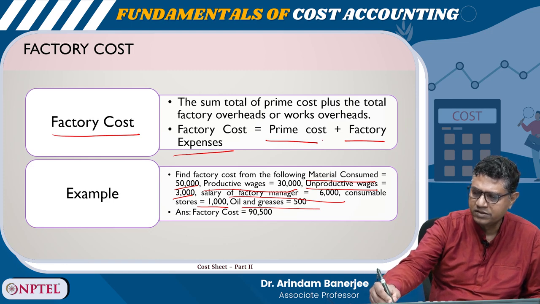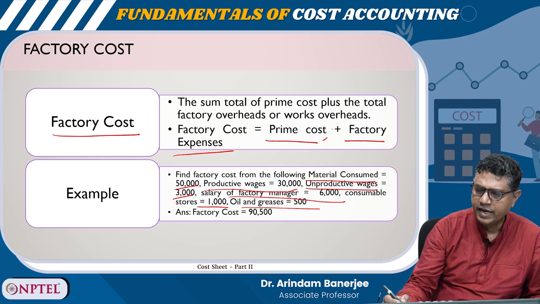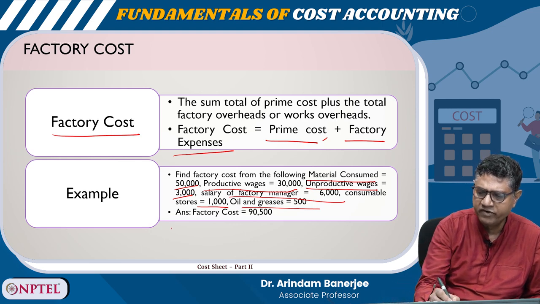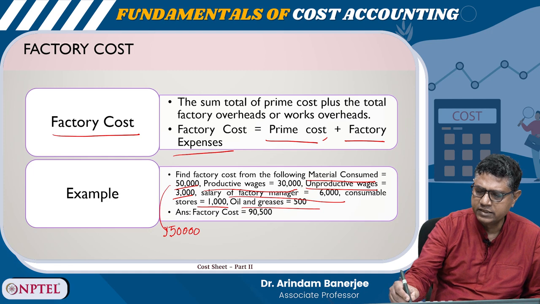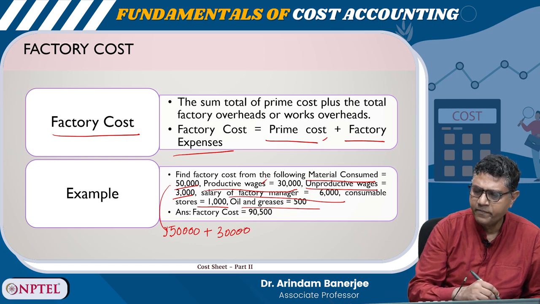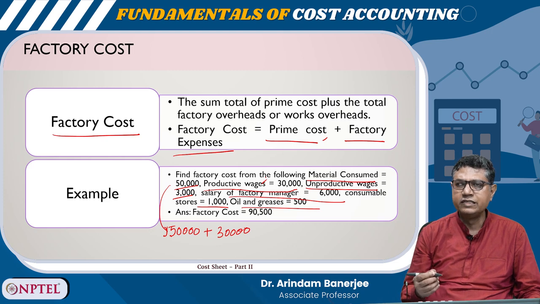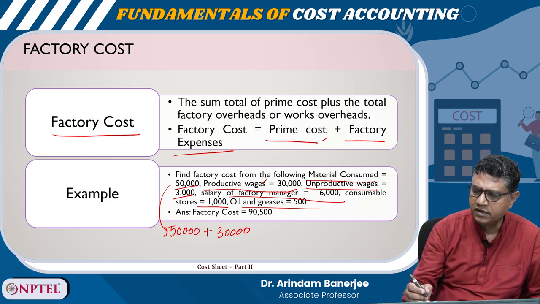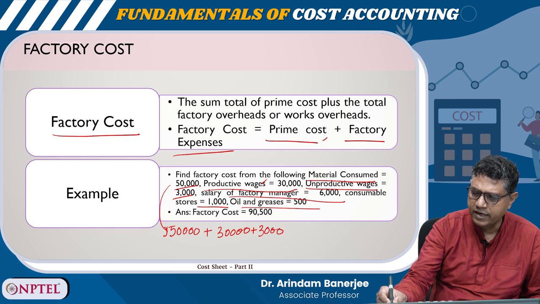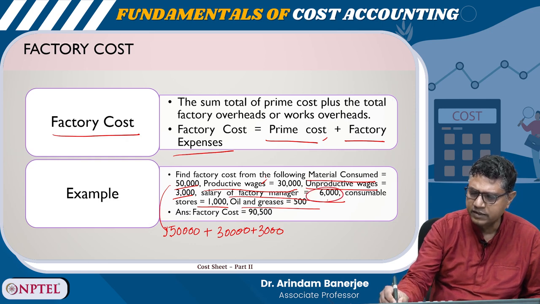The prime cost, so I can add 50,000, which is direct material, plus productive wages, direct labor, 30,000. Now, unproductive wages are there, which is 3,000, plus the salary of factory manager, which is an overhead.